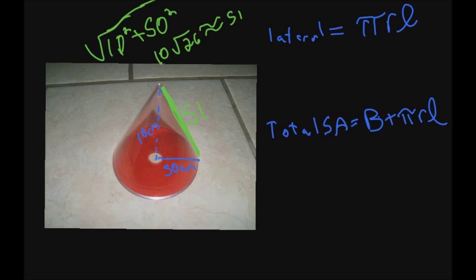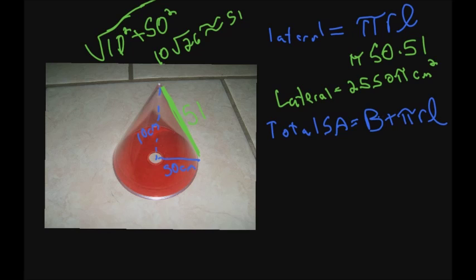So we're going to do pi times our radius, which is 50, times our lateral height of about 51. So 50 times 51 gives 2,550 pi, and that's centimeters squared. We're just going to leave it in terms of pi.